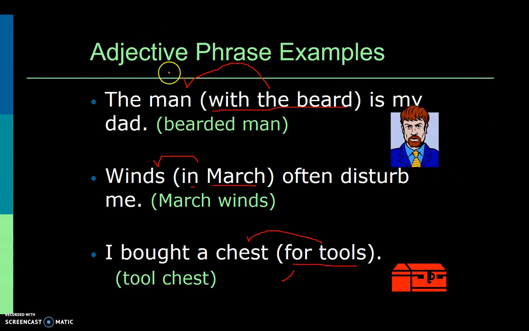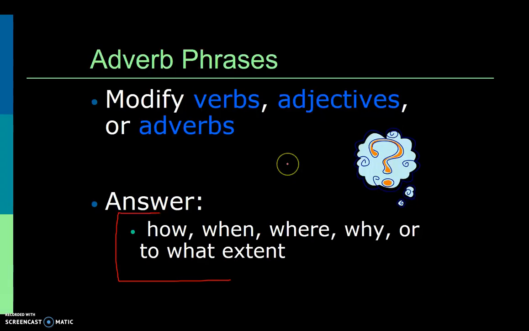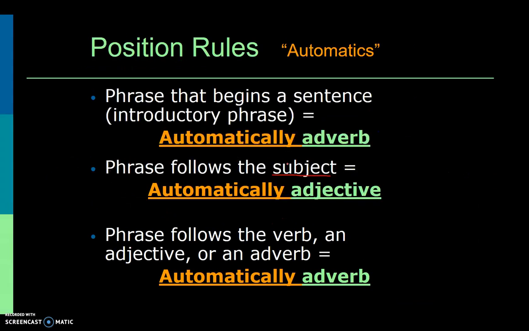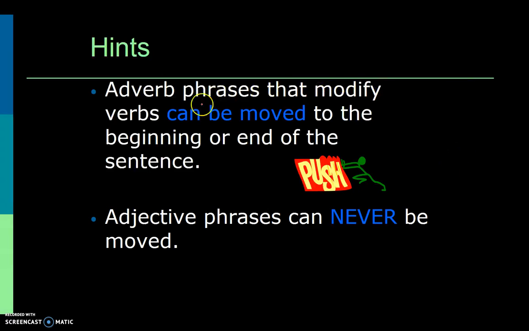So again, when we're looking at adjective phrases, these phrases come right after the noun so that we know for sure that these are definitely adjective phrases. A phrase that follows a verb, adjective, or adverb is automatically an adverb phrase.